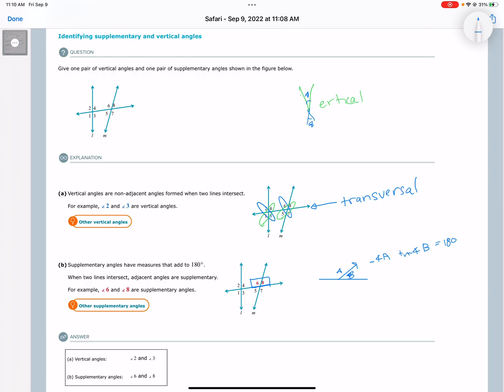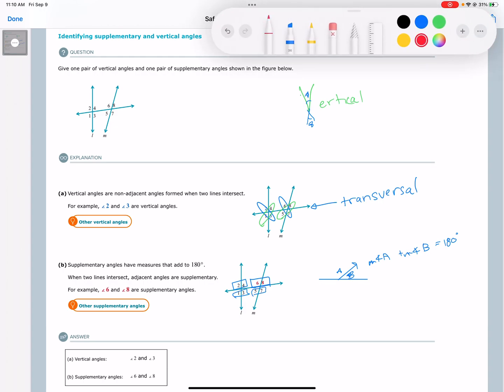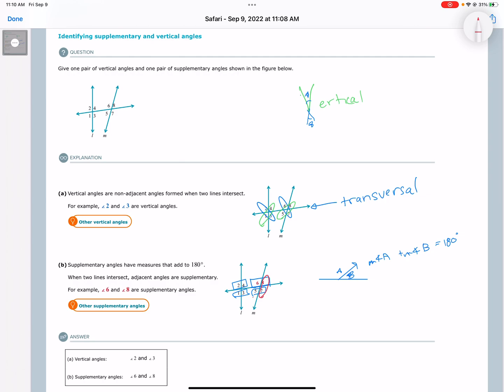That's a little m. It means the measurement of angle A and the measurement of angle B equals 180 degrees. So any of these, so you have 6 and 8, 2 and 4, 1 and 3, 5 and 7. I'm going to change colors because you're going to see I also have 8 and 7, 6 and 5, 4 and 3, 2 and 1. Anything that's going to add up to 180 degrees.